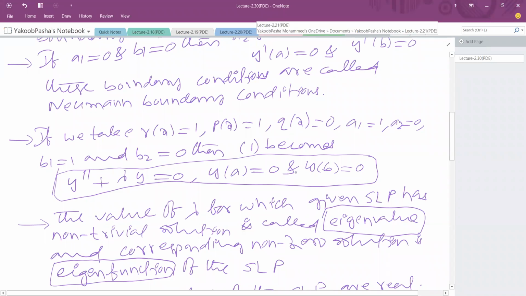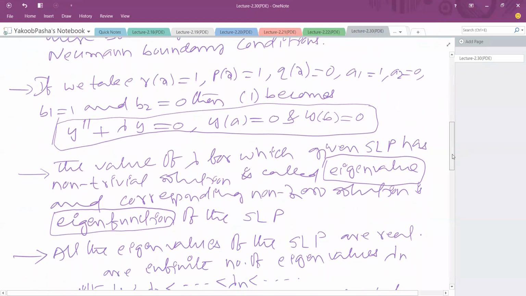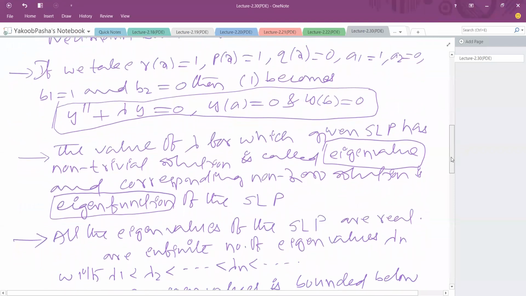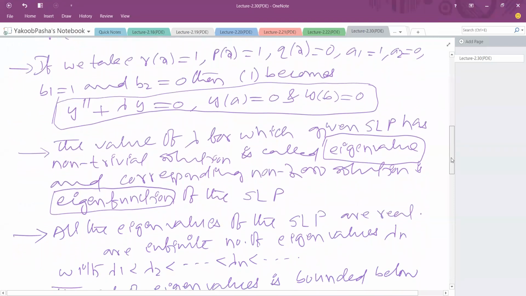This SLP is also known as a two-point boundary value problem. For solving it, we get values of lambda called eigenvalues, and the corresponding non-zero solutions are called eigenfunctions.